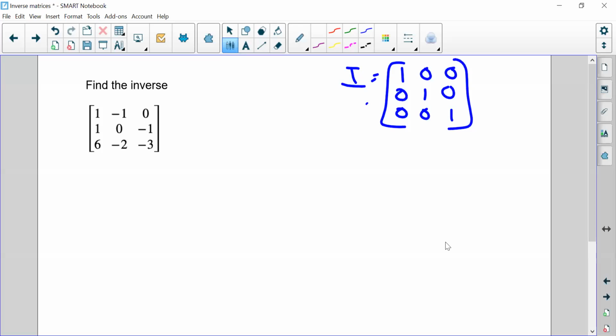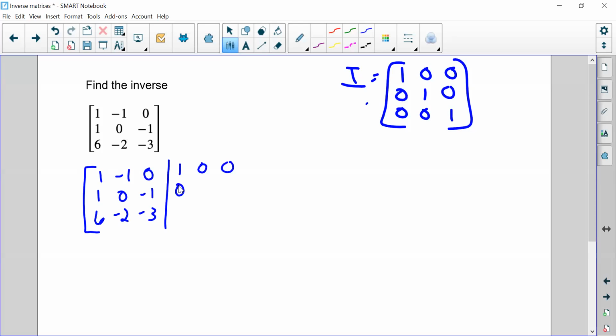All right, so I'm going to set up my augmented matrix: 1, -1, 0, 1, 0, -1, 6, -2, -3, and that's with the identity matrix, so it's 1, 0, 0, 0, 1, 0, 0, 0, 1. That's my first step in setting it up.